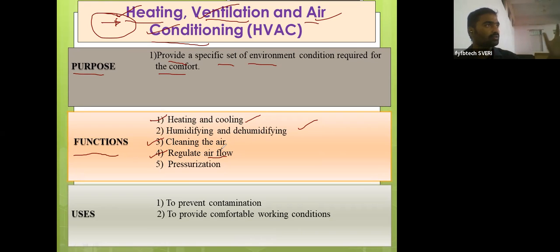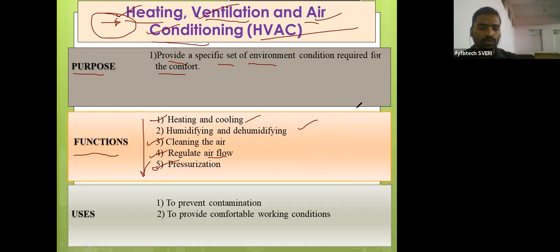If the air is not comfortable inside a particular building, by using this HVAC they will regulate the proper air. Then pressurizing, to maintain the pressure balance between inside and outside the container, or inside and outside the building. In that way, all these functions are carried out by the HVAC.